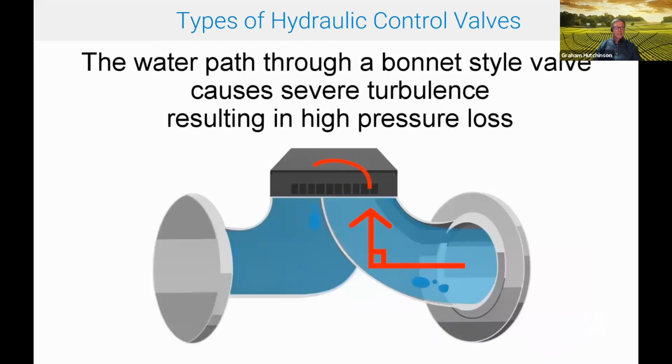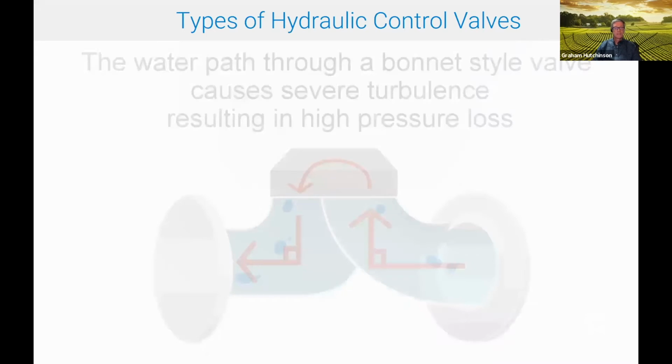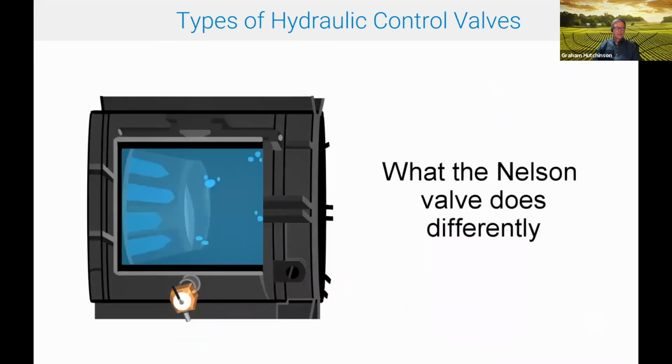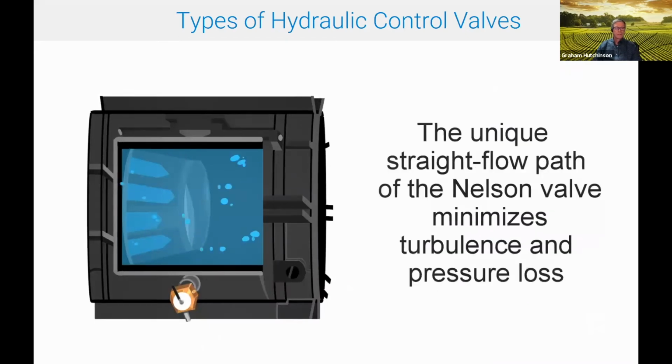The water has to change direction through this type of valve multiple times, and this causes turbulence, and it results in high friction loss. The Nelson valve, on the other hand, has a straight through flow. It flows straight through the valve, minimal turbulence, and minimal friction loss.